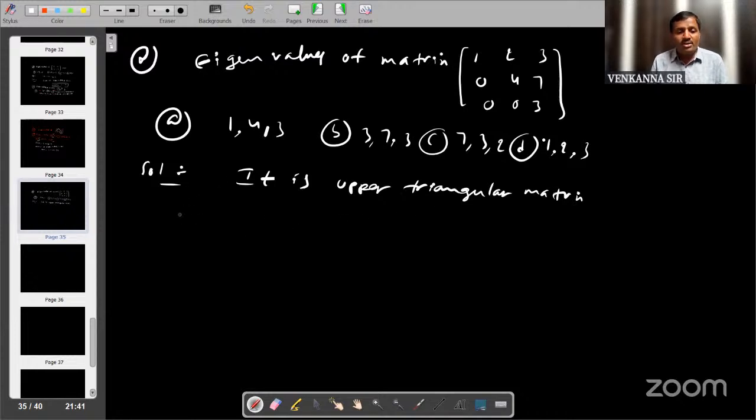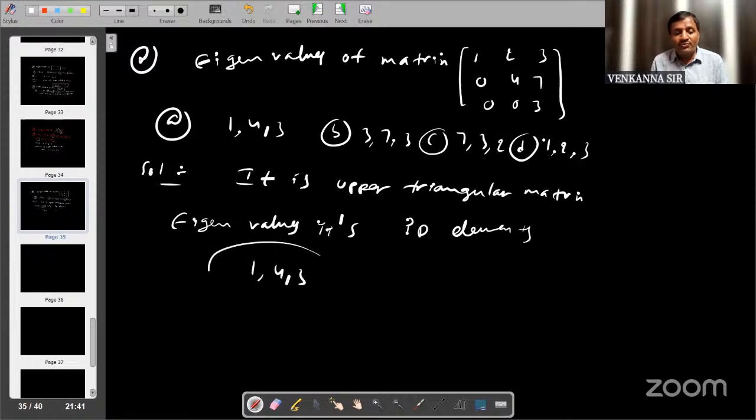Eigenvalues are its principal diagonal elements. What are the principal diagonal elements? 1, 4, 3. That is the correct answer. Option A is the correct answer. It's a previous GATE question only. They are the eigenvalues.